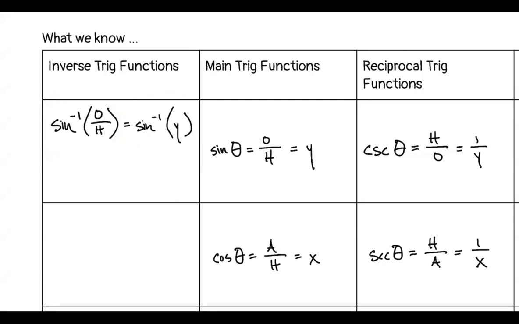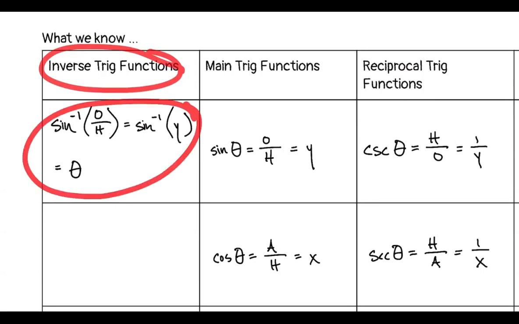Either way, what is our answer going to be? Like, what kind of number will our answer be? It's going to be an angle, exactly. Okay, so in the inverse trig function category, we're going to have an angle as an answer.